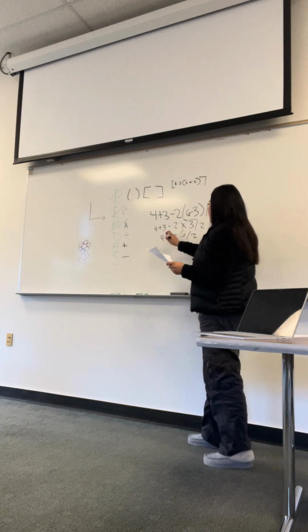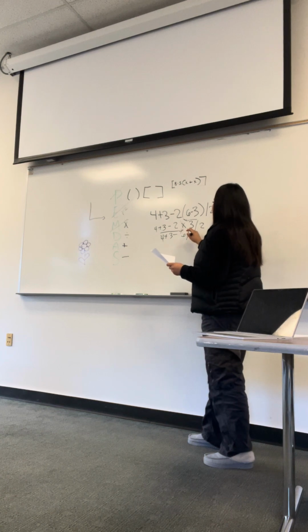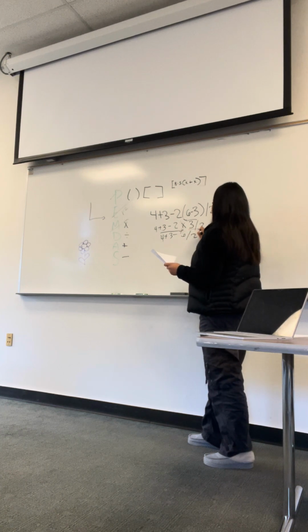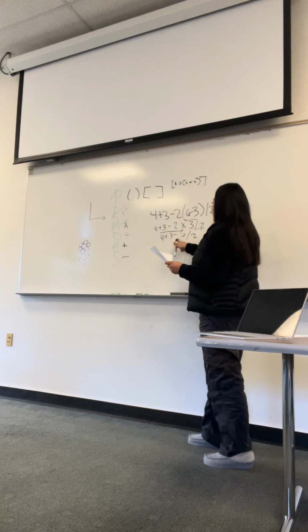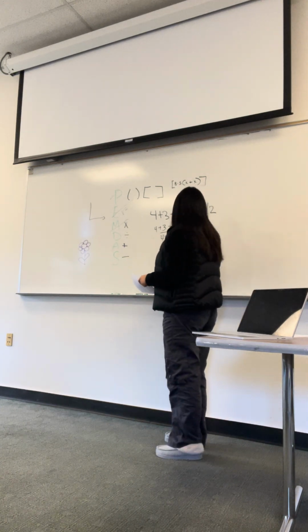Okay, so since the multiplication, we did it from left to right, we did 2 times 3 first, and now we're gonna do division, which is continuing from left to right. So 6 divided by 2, okay, 3. So we bring everything back down.